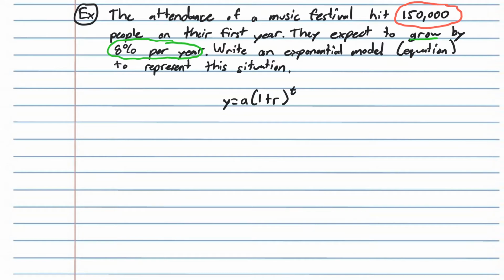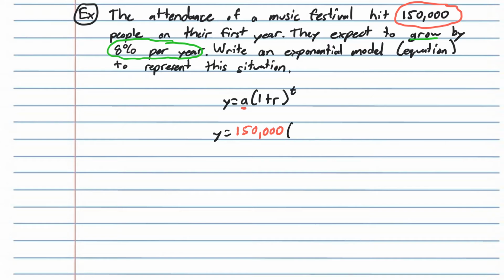That's probably important. And then they want you to build a model, so we have to know where these two things are going. Well, the 150,000 is their first year, so that would be the initial amount. That's going to be the a value. So we can rewrite our equation: y is equal to 150,000.